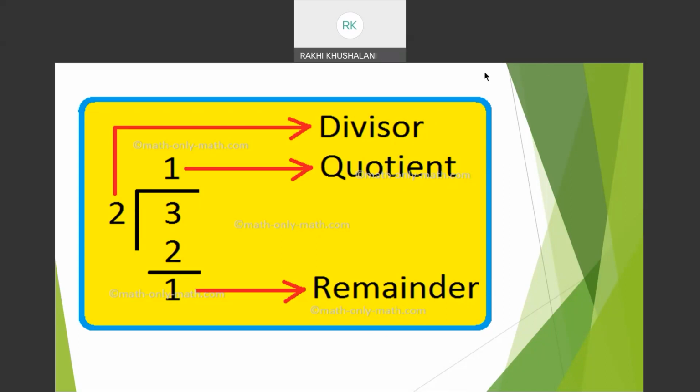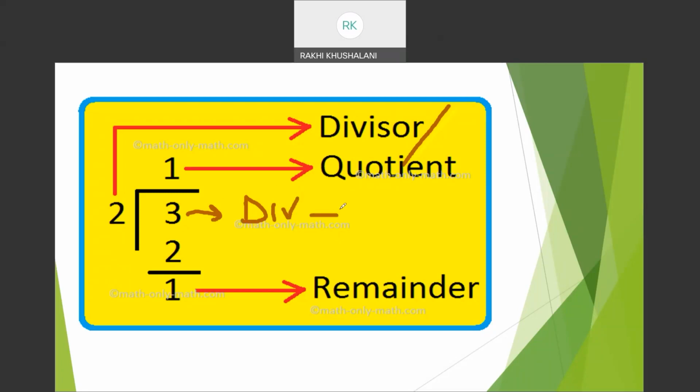Children, remember, 3 is the dividend, or we call it the numerator.